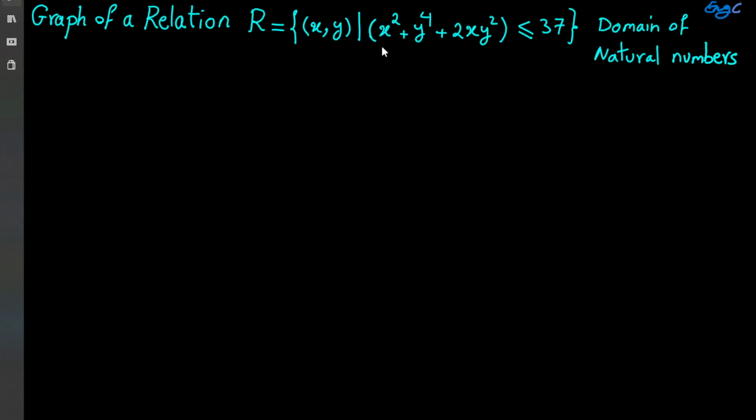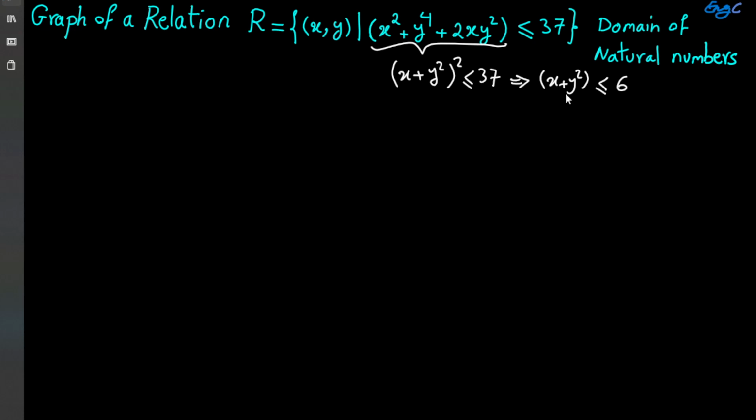The first thing we need to do, a quick simplification, is going to help us. The way this is written effectively represents (x plus y squared) to the power 2 is less than or equal to 37, which effectively means that x plus y squared should be less than or equal to 6, because 6 to the power 2 becomes 36, and that's still less than or equal to 37.